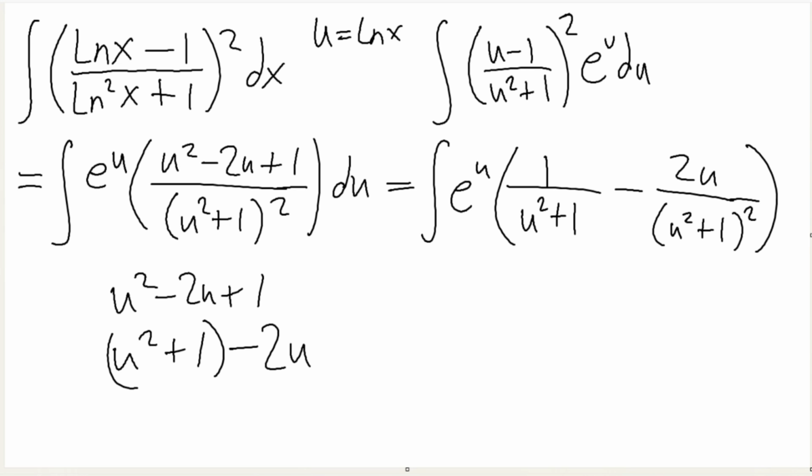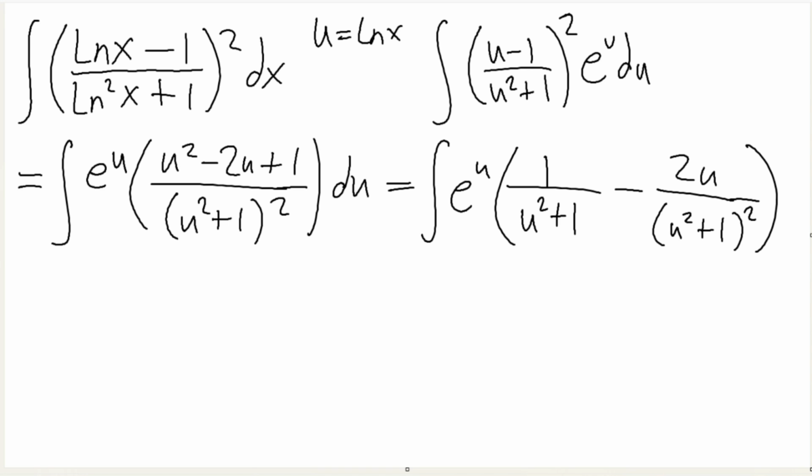Huh, what does that look like to you? That looks like reverse product rule. It looks like it's this, and then deriving this gives us this. But where does this minus come from? Well, it comes from this, because it's a reciprocal. So of course we're going to have a negative here, right?